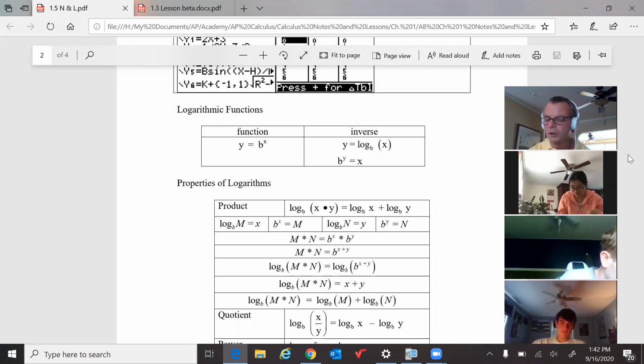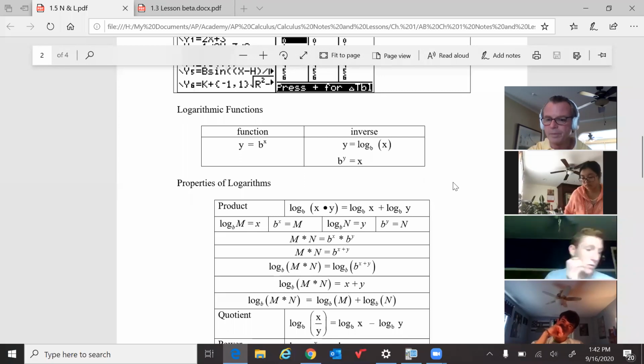But what you have to realize is this. If the base is 10, that's telling you to use log. If the base is e, it's telling you to use ln.